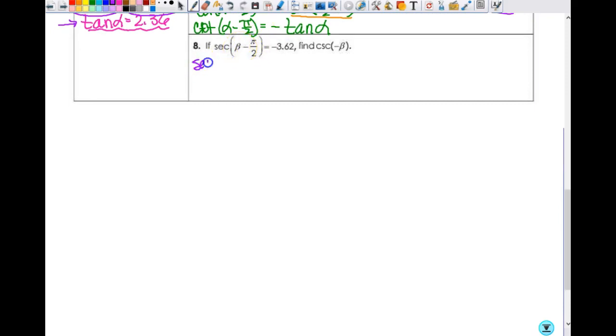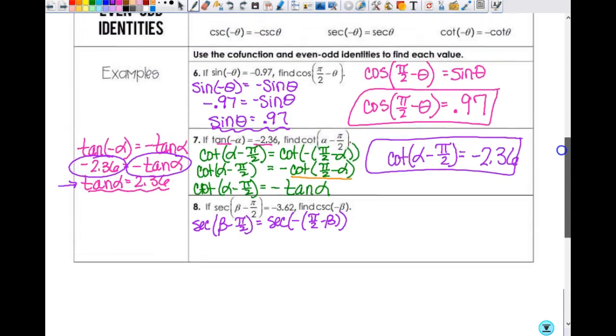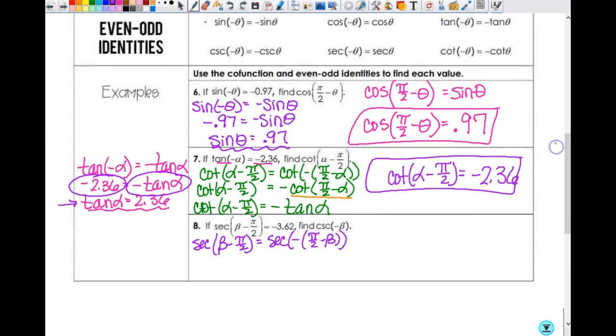So this is going to become secant of beta minus pi halves is equal to secant of negative pi halves minus beta, right? Okay, so when I look up here, the secant of a negative angle is not equal to negative secant of the angle. Secant of a negative angle is equal to just secant, right?